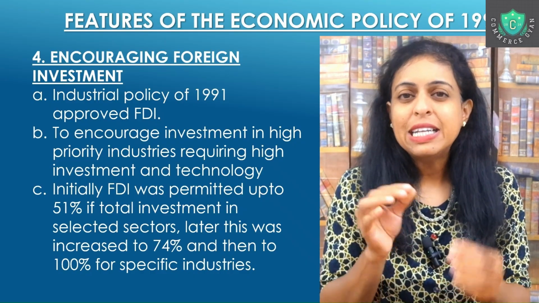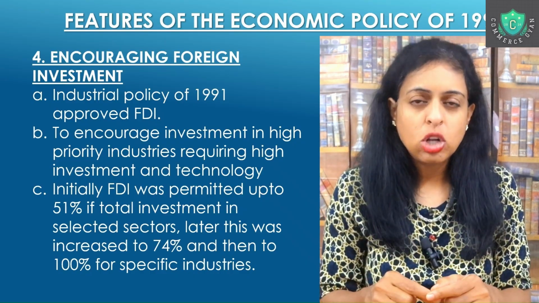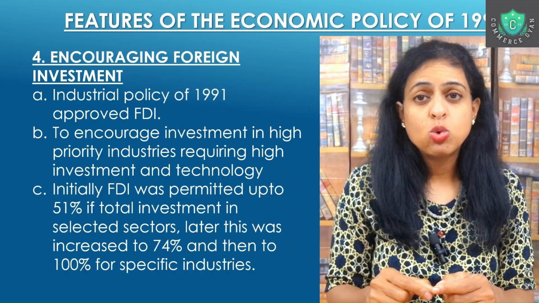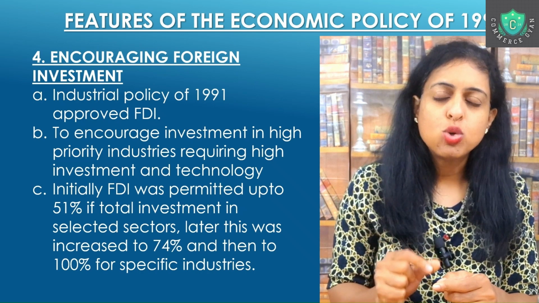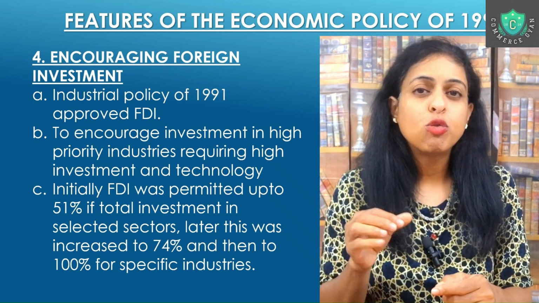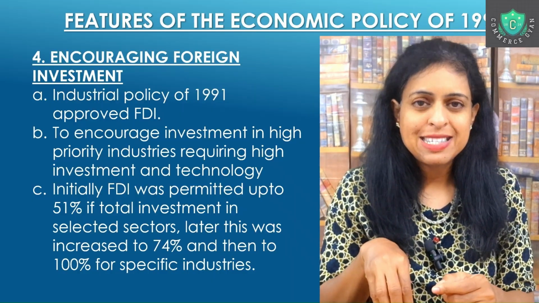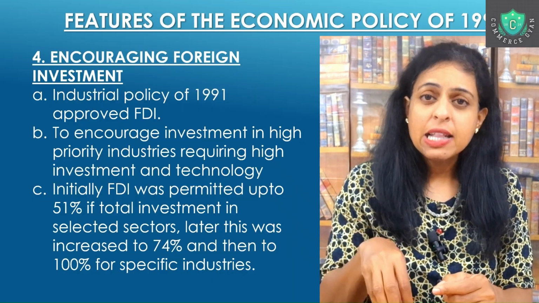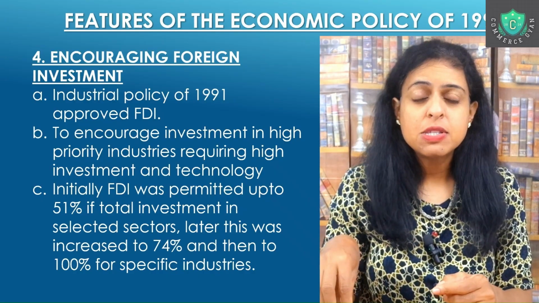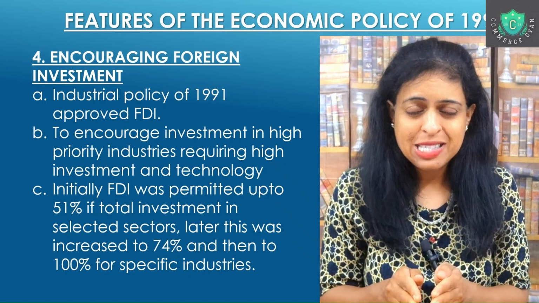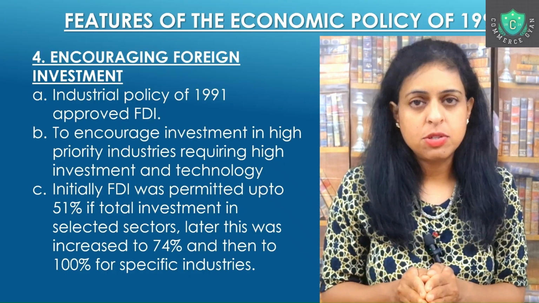So you don't need an Indian person to collaborate with the foreign industry if foreign direct investment is allowed up to 100%. Suppose foreign direct investment is allowed up to 51%, it means the foreign company has a majority stake in the company, but at the same time you need 49% of the company's ownership from the domestic Indian person, right?